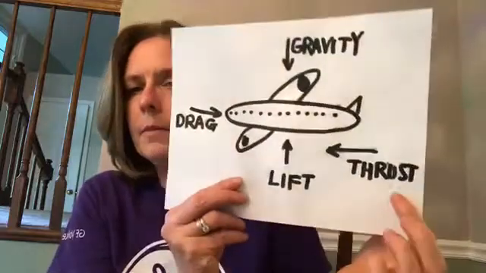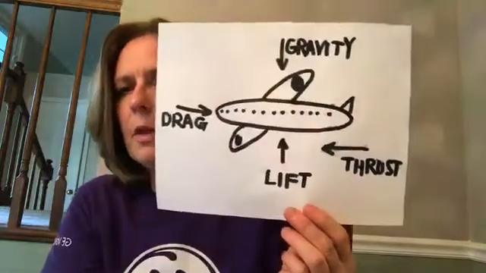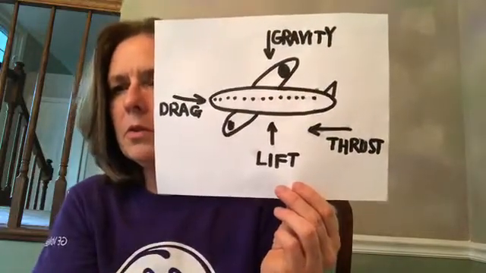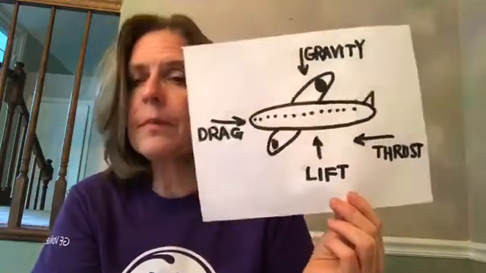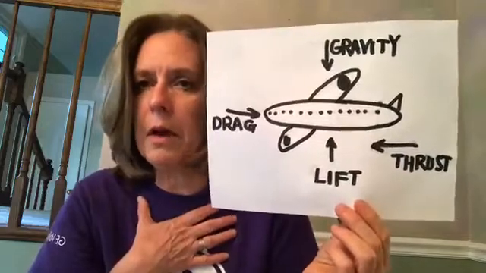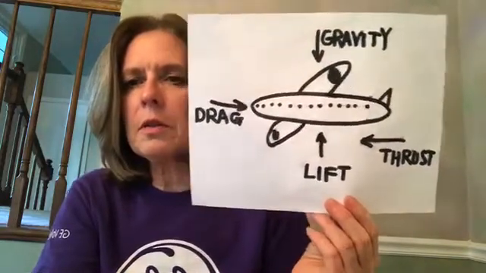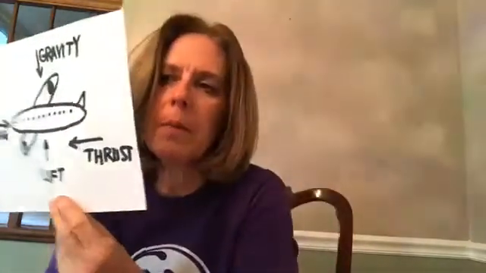It's from thrust. And thrust, of course, comes from the engines. And in my simple diagram here, the 2 black circles represent the engines. And that's, of course, what I work on. And so the thrust pushes the plane this way.